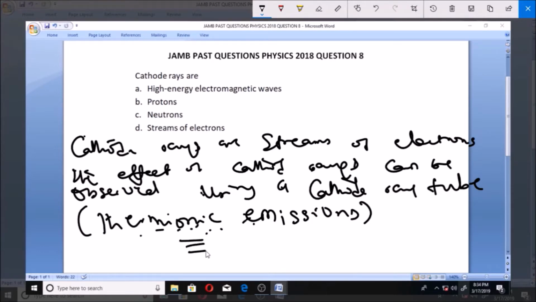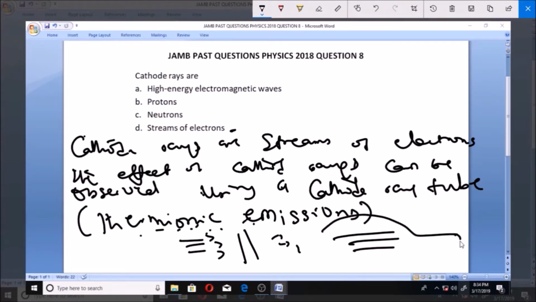So when heat is applied on a filament, there will be emission of some particles, this time electrons. When these electrons are emitted and move, we have what we call cathode rays.